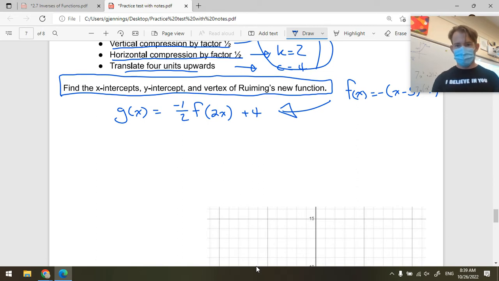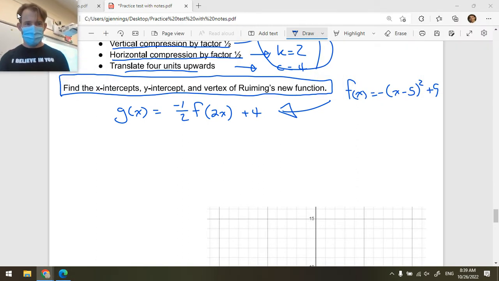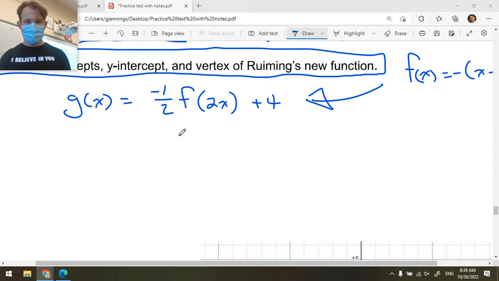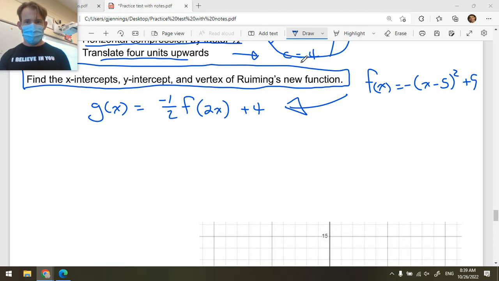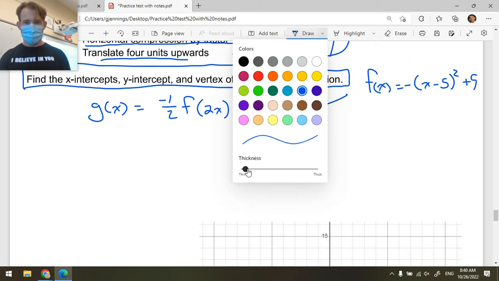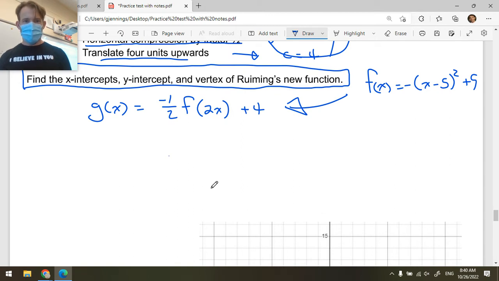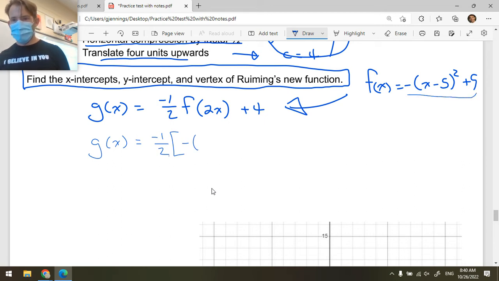Let's go. So I'll move me over here. Zoom in a bit. And let's go with a thinner pen. All right. So now, g of x, this new function, is going to be equal to negative 1/2 multiplied by negative, and I put in f of x here, but instead of f of x, I want f at 2x because of this k transformation.